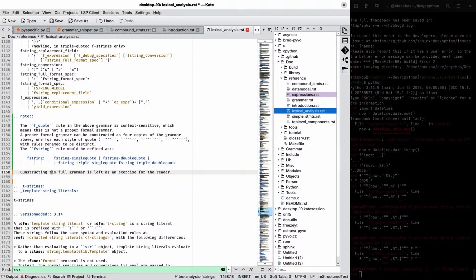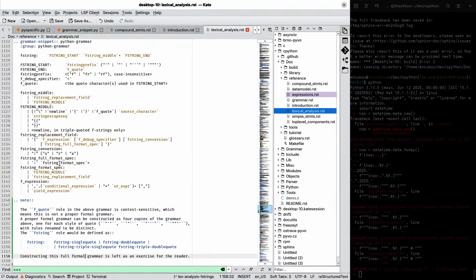Constructing and, yeah, that points them in the right direction.